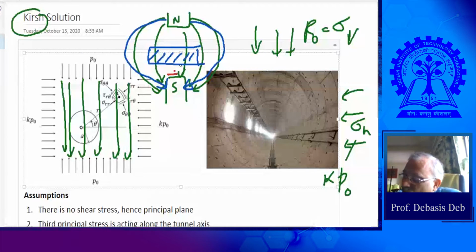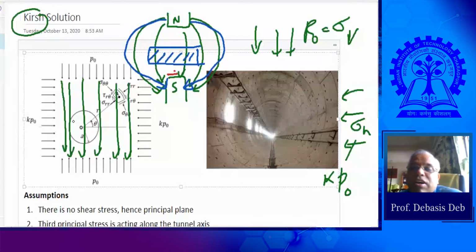If there is no tunnel, I have a material here, so the stress lines, or the stress potential lines, whichever you think, will pass through this completely because there is a solid material. Now I used a word called disturbed. I have disturbed these stress lines which were already existing there by making a hole.